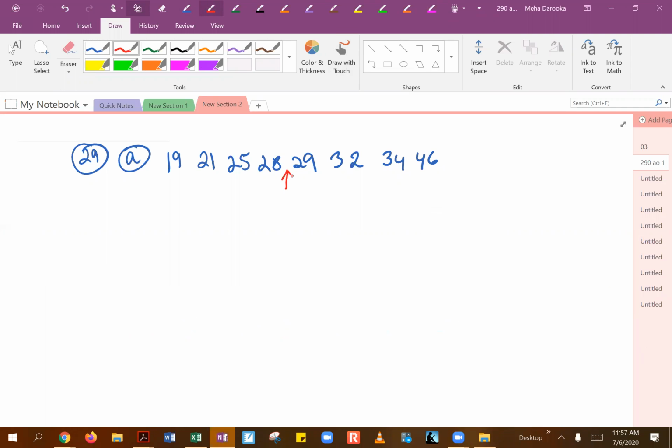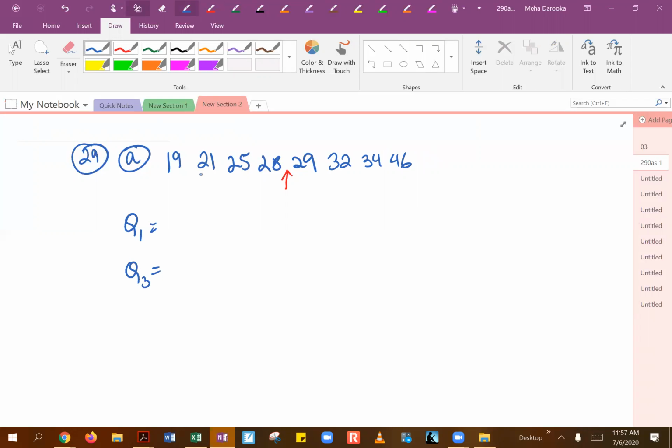Because that would mean 4 data values on each side. Okay, you've got quartile 1 as 23 and quartile 3 as 33.